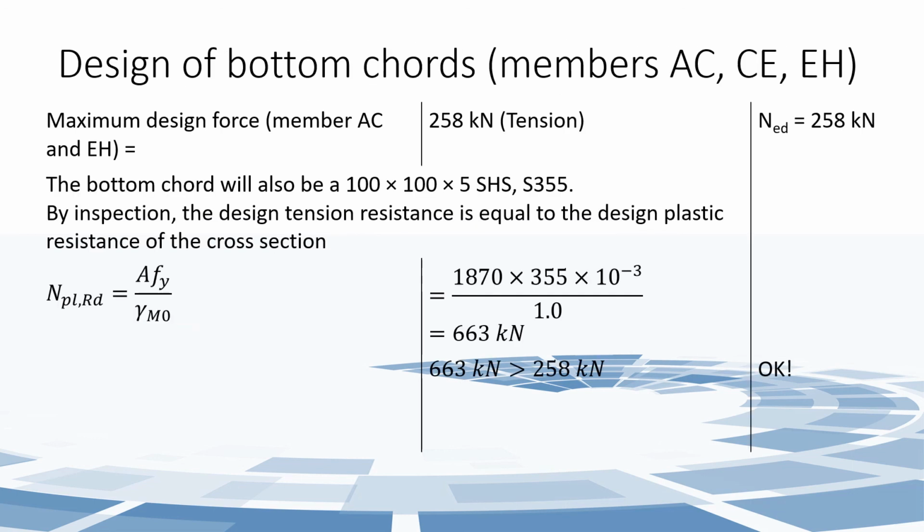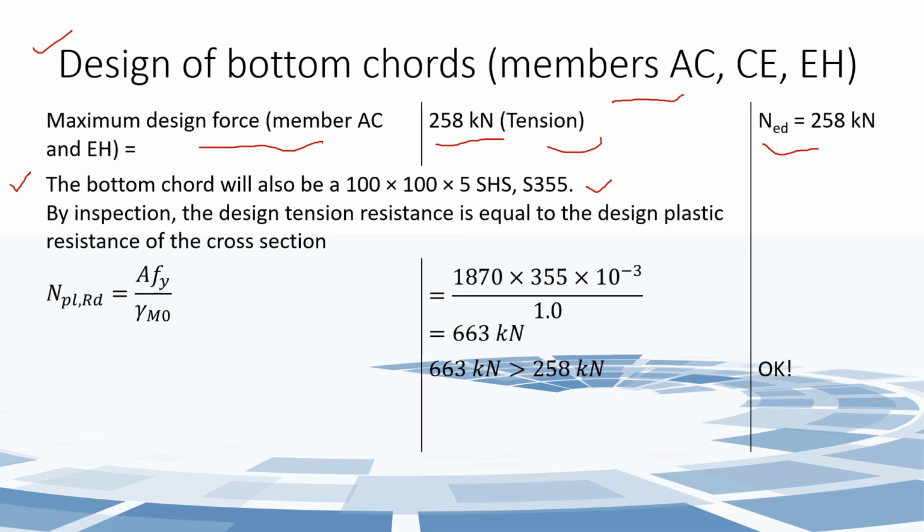That part is finished for the top chord design, and then we need to check the design of the bottom chord, members AC, CE and EH. Check the maximum value, which is 258 kilonewton. For the bottom chord, the design force is equal to 258 kilonewton. We choose the same size, 100 by 100 by 5 square hollow section, S355 type of steel.